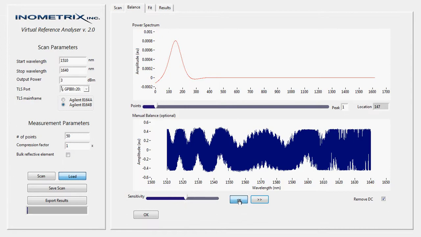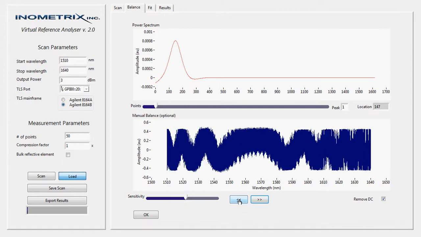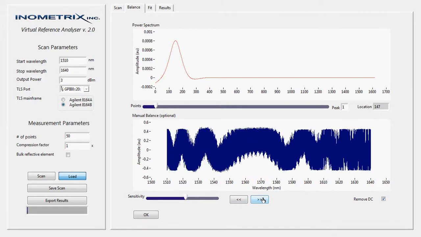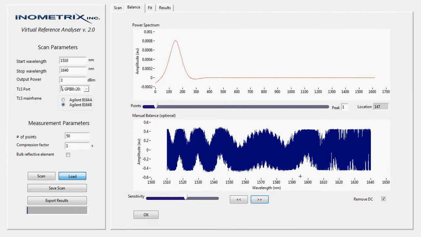Also, because our reference is virtual, it's perfect. There's no dispersion, there's no need for variable optical delay lines, so it's more accurate. We also don't need temperature control in that reference. We don't need anything because it's virtual. So we can advance and move around our interference pattern.